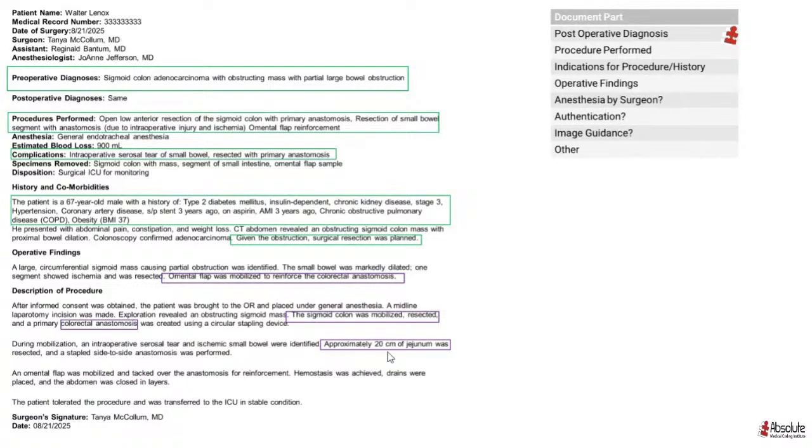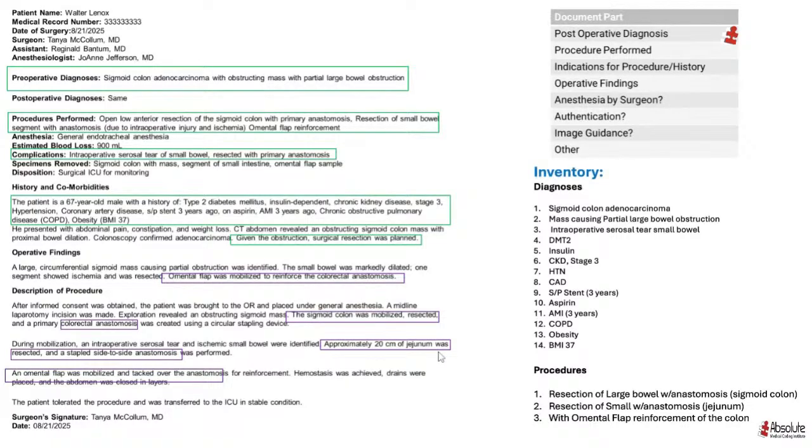Then about 20 centimeters of the jejunum was resected and anastomosed, and that omental flap was mobilized and tacked over the anastomosis. So those notables help me understand what took place. And you're going to see how I process this in the next slides.